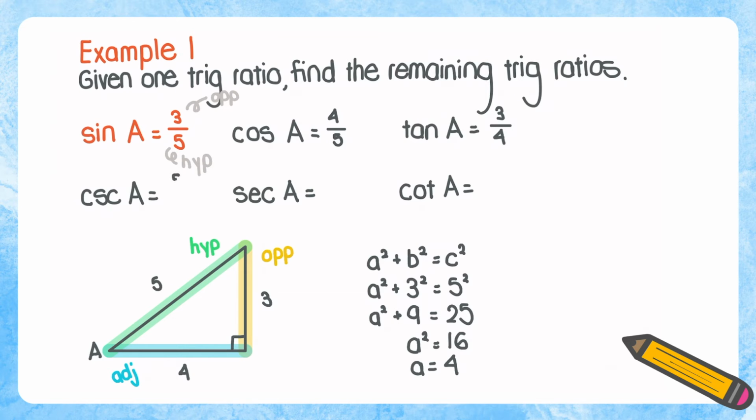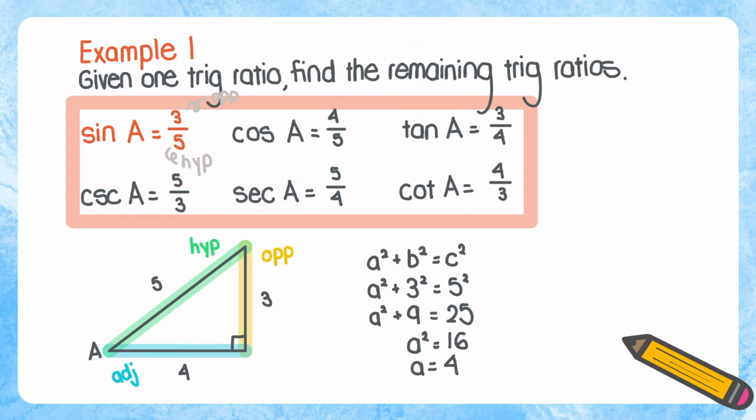Cosecant of A is just the reciprocal of sine of A, 5/3. Secant of A is just the reciprocal of cosine of A, 5/4. And cotangent of A is the reciprocal of tangent of A, so 4/3.